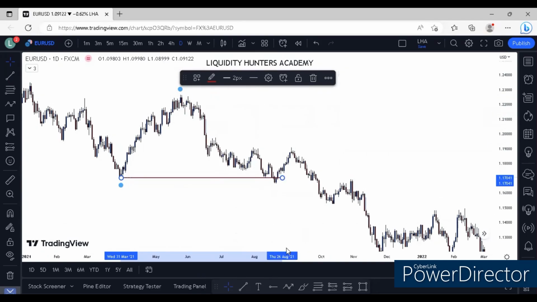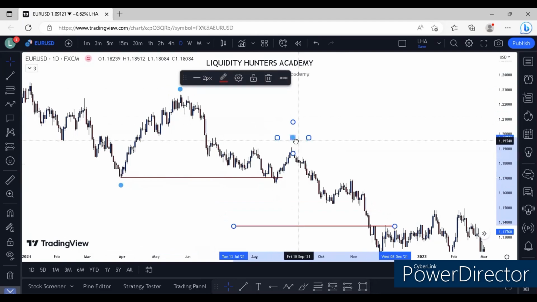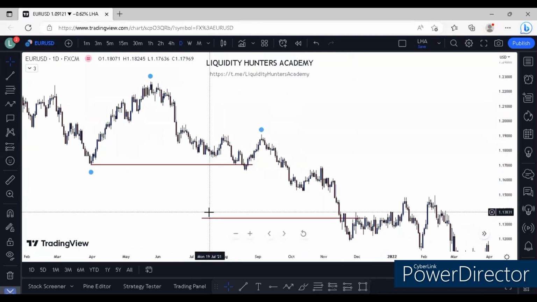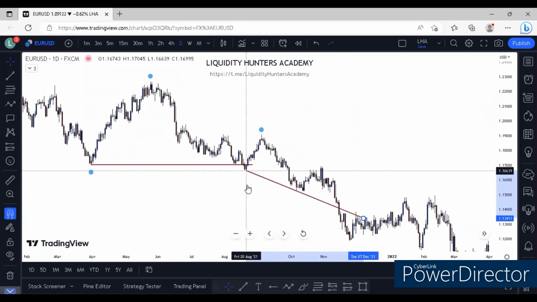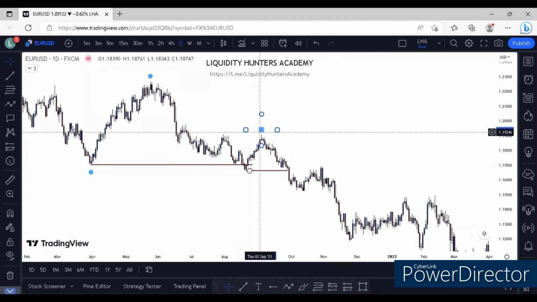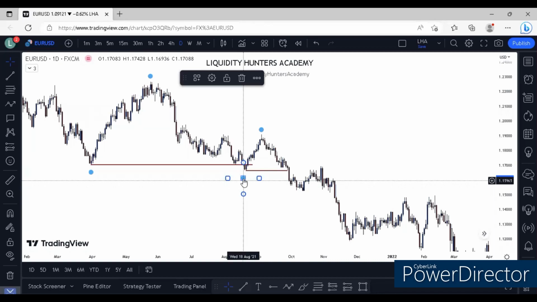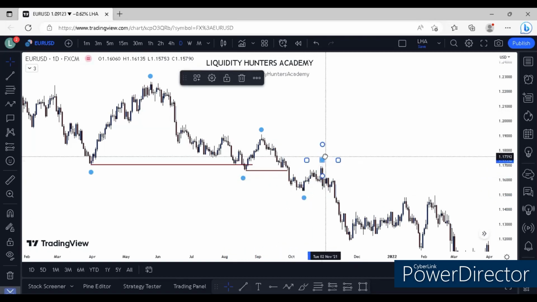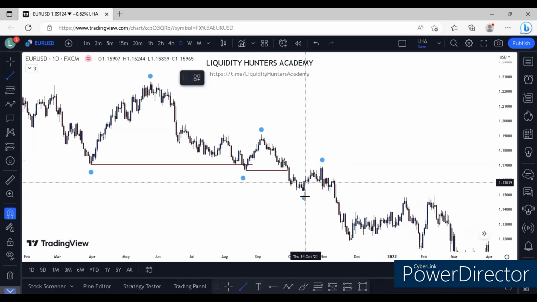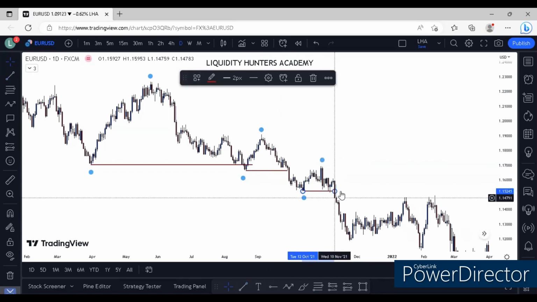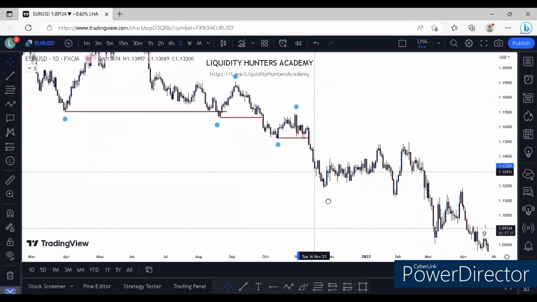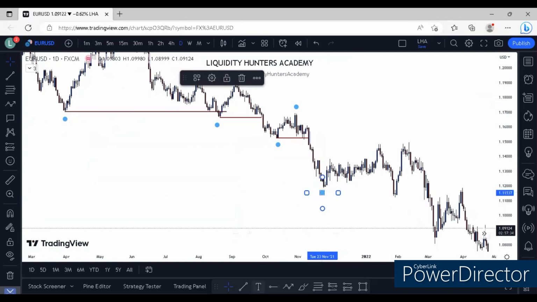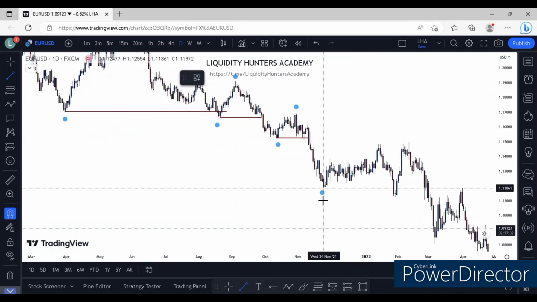And then price pulled back again to this level and created another break of structure here, taking out this low. So we have a low here, and this created a new low, and this low printed a high that was as well taken out and printed another low here that was taken out at this level.